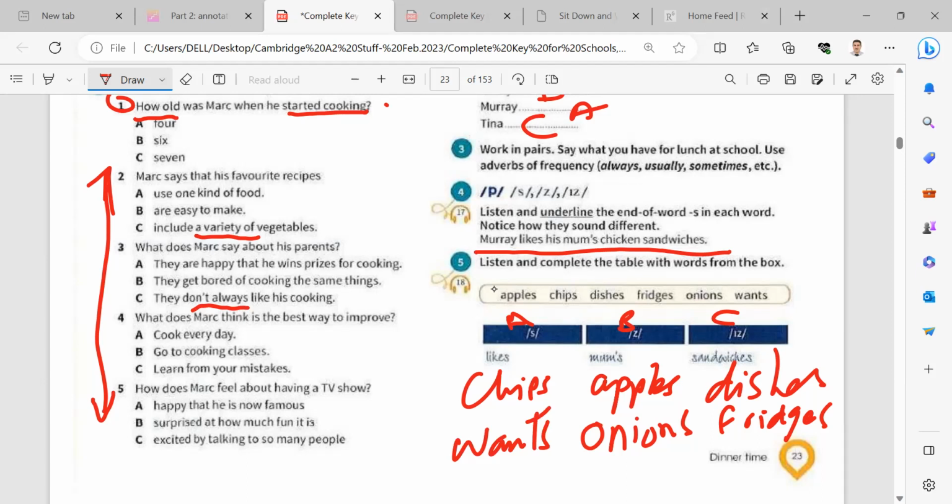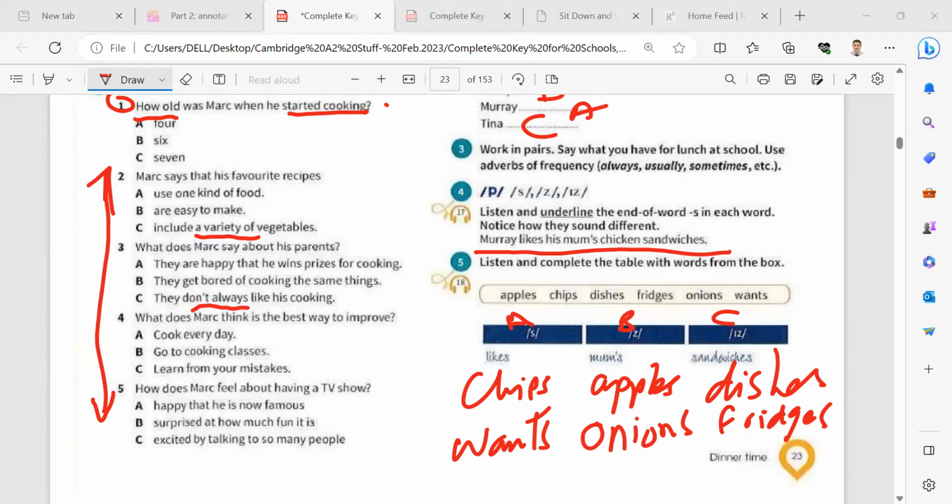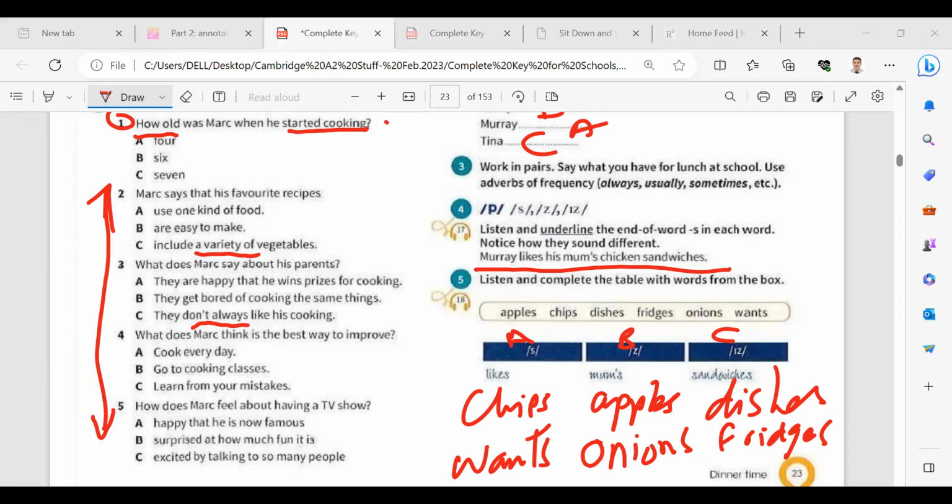Now listen and double check, please. Unit 3. Vocabulary. Exercise 5. Apples, chips, dishes, fridges, onions, wants. Again.